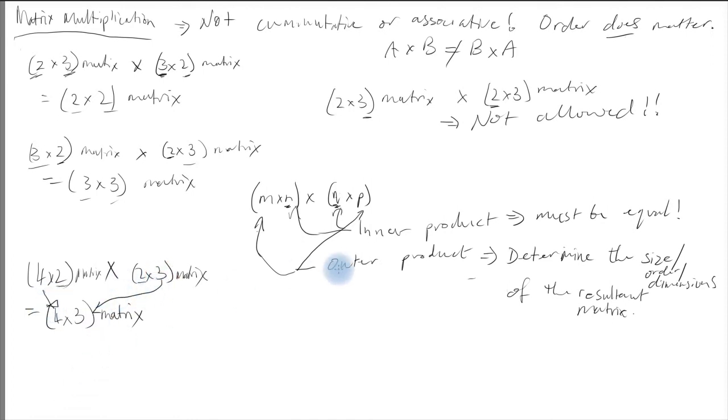So our outer product, our resultant matrix, has an order. So the resultant matrix order is M by P. So M by P is our resultant dimensions of our final matrix when we do multiplication.